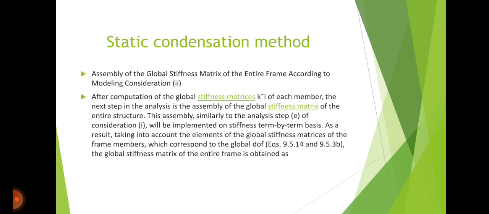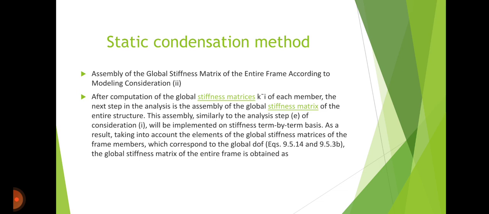Static condensation method. Assembly of the global stiffness matrix of the entire frame according to modeling considerations. After computation of the global stiffness matrix K of i of each member, the next step in the analysis is the assembly of the global stiffness matrix of the entire structure. This assembly, similarly to the analysis step of consideration I, will be implemented on a stiffness term by term basis.